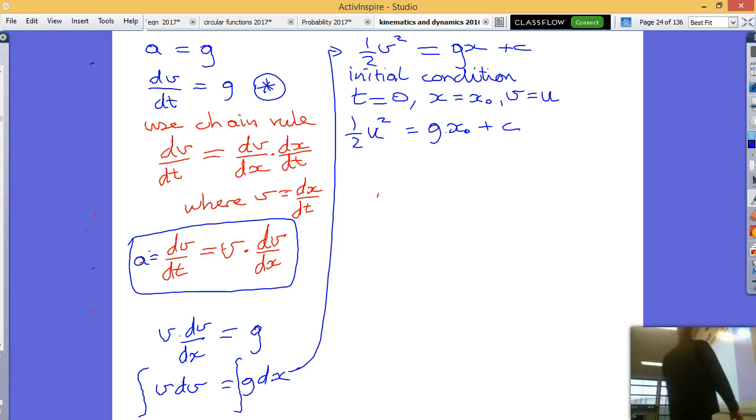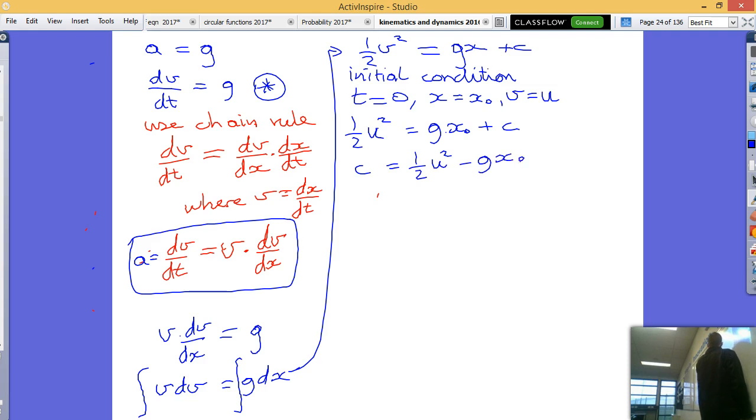Okay? So c must equal a half u squared minus g x naught. Yeah? Alright, let's substitute that back into our DE.